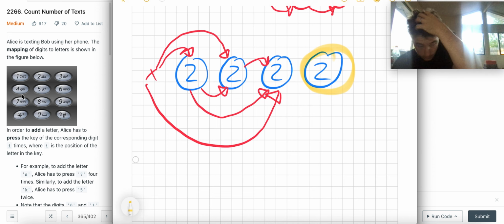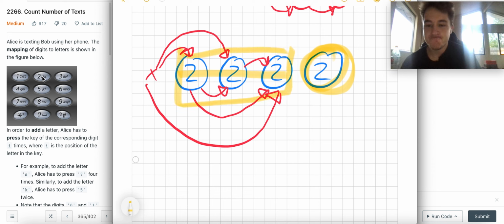The only caveat with this problem, where that no longer becomes true, is that it can only be A, B, or C. When you type a 4th thing, if you type the same letter, 2, 2, 2, it has to be one of these following things, because there is no 4th option. You can't hit 2 4 times and get something new. It's constrained by these 3 things. It's either A, B, or C.